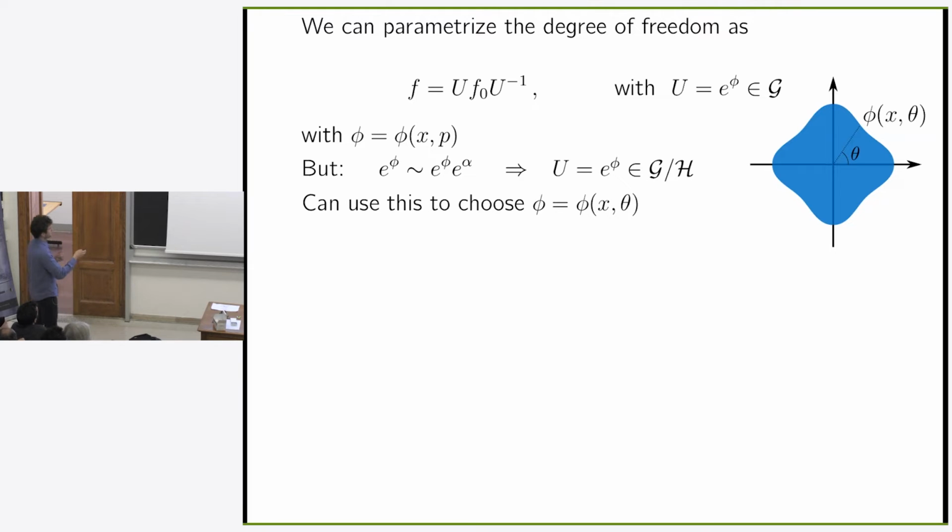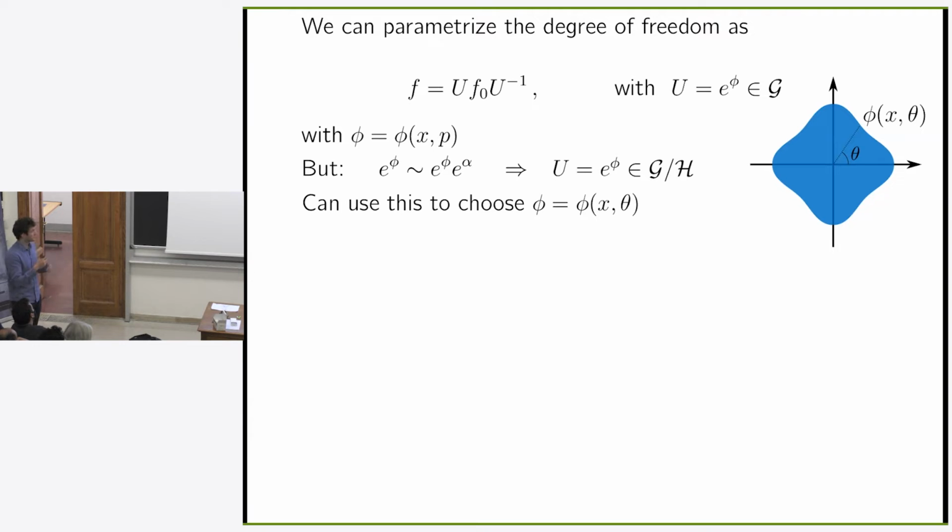So really our degree of freedom lives in a quotient space, which is the group of canonical transformations mod the group of functions of x and p that commute with f0, the seed state. And you can use this kind of gauge redundancy to fix part of phi so that it's no longer an arbitrary function of x and p, but just a function of x and theta, where theta is the angle along your Fermi surface. So here we see that our degree of freedom will be a boson that depends on space and also time later on, at every angle of the Fermi surface.